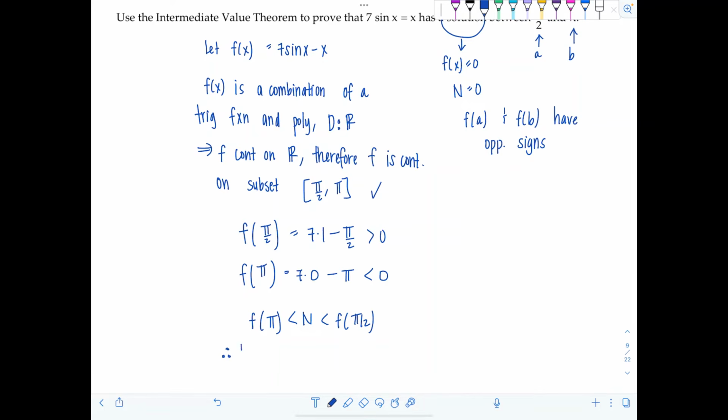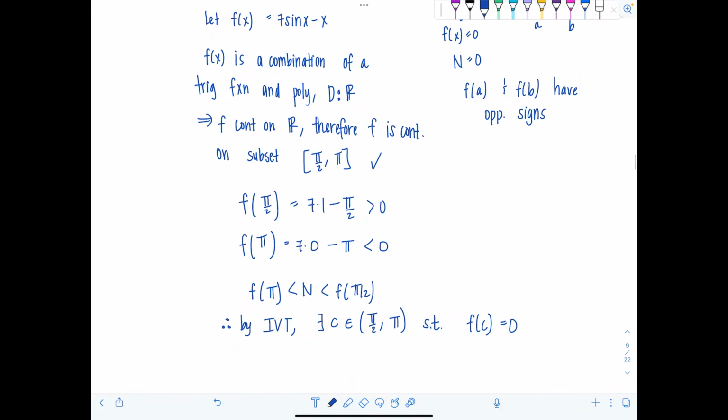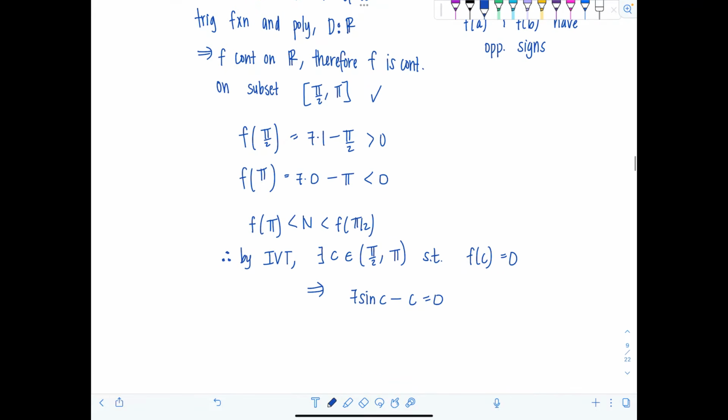Therefore, by the intermediate value theorem, there exists, look at this snazzy math abbreviation for there exists, a number c on the interval from pi over 2 to pi such that f of c equals 0, which means 7 sine c minus c equals 0, which means 7 sine c equals c.